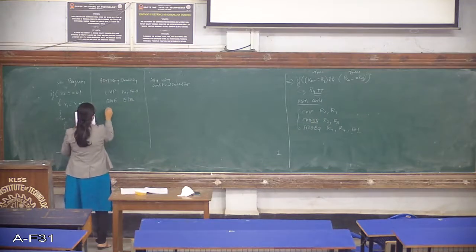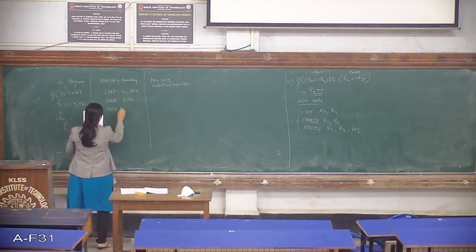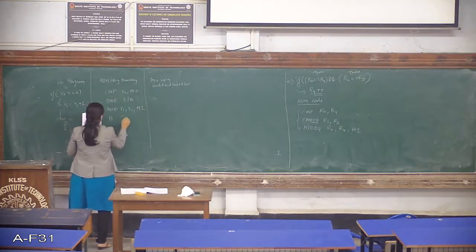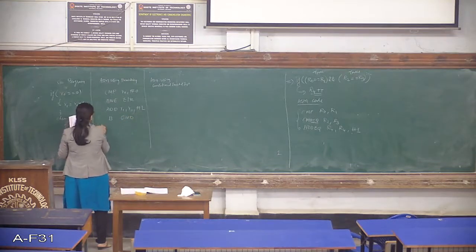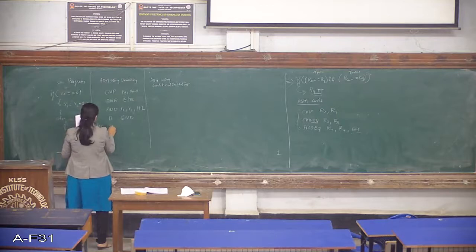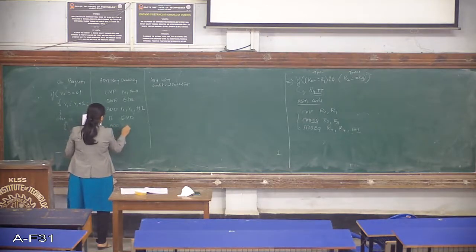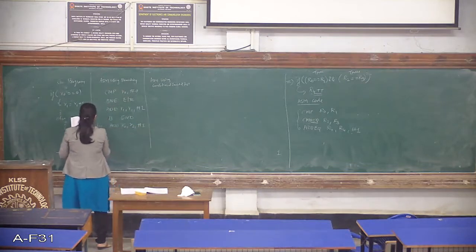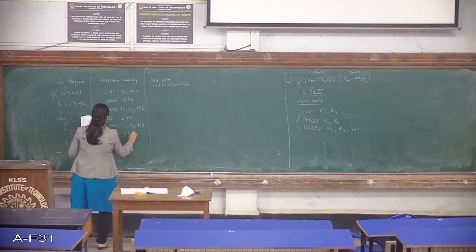Then ADD R1, #1, then B end, branch to end. Then the else label has ADD R2, #1, and then the end label.